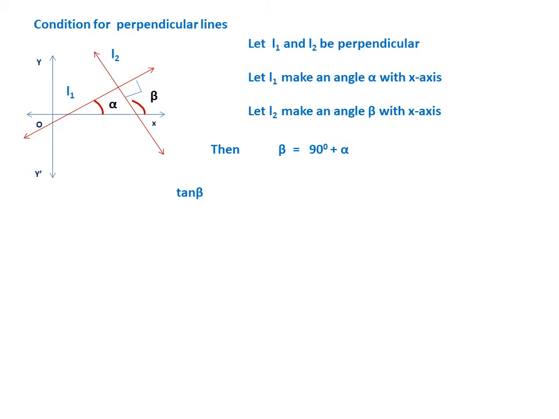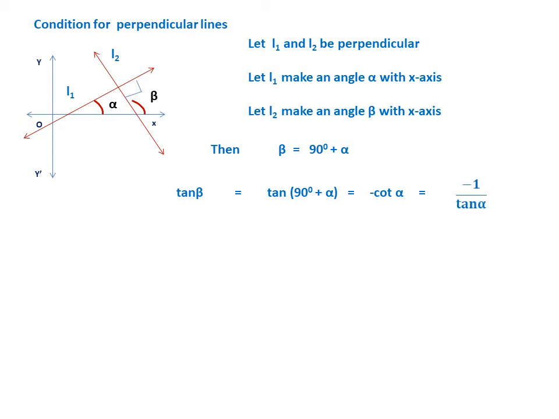Therefore, now take tan on both sides. Tan beta will be equal to tan of (90 plus alpha). And in trigonometry, you have studied this property, allied angle rules. Tan(90 plus alpha) is minus cot alpha, because 90 plus alpha is in the second quadrant, and in the second quadrant tan is negative, and with 90, the tan ratio becomes cot ratio, therefore it is minus cot alpha.